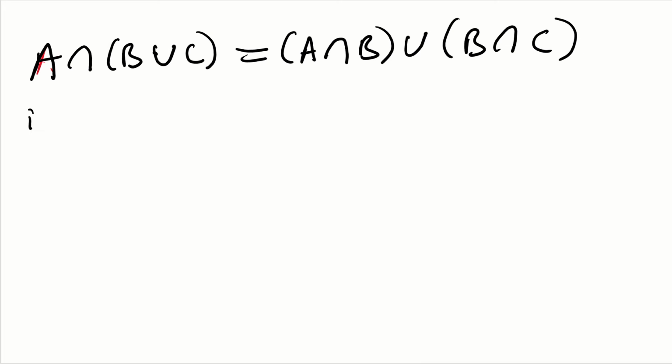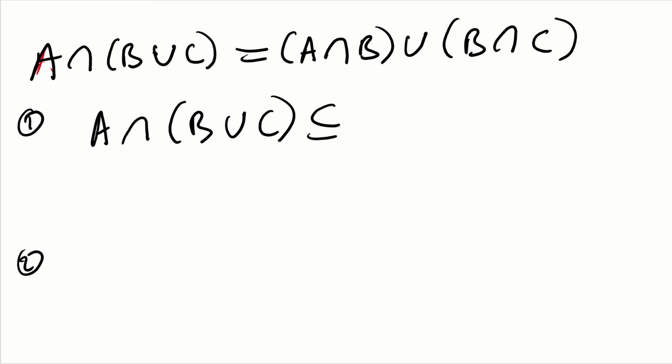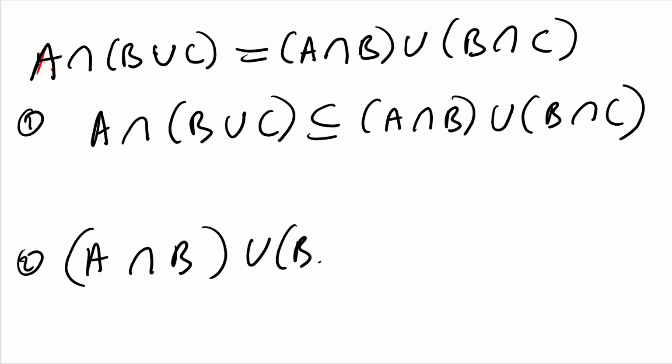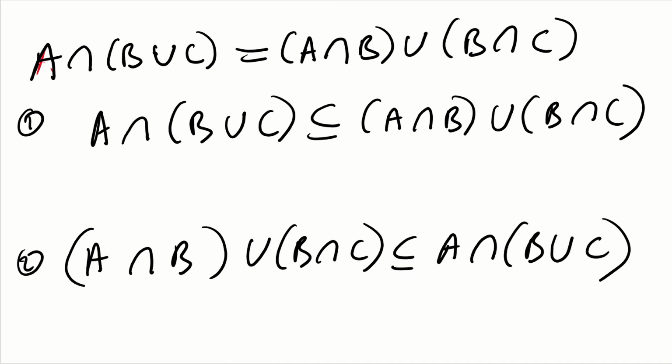So first, you must show that A intersection (B union C) is a subset of (A intersection B) union (A intersection C). Then you also have to show that (A intersection B) union (A intersection C) is a subset of A intersection (B union C). If you can prove these two expressions, then you are done with the proof.